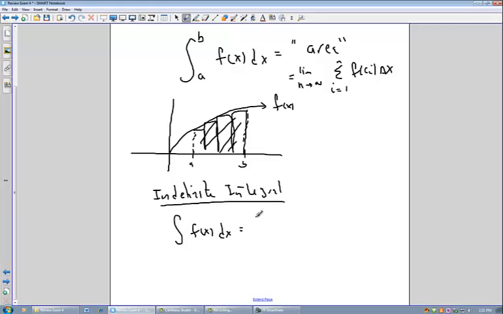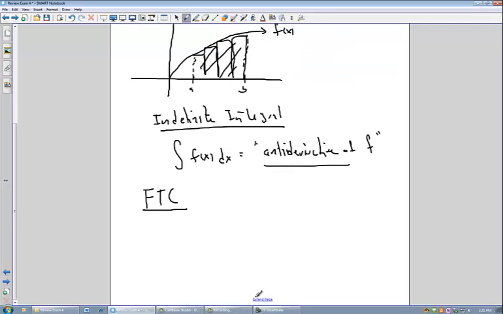And what this says is this is equal to the antiderivative of f. So it's a completely different beast altogether. This one is area. This one is antiderivative. Now the fundamental theorem of calculus, the FTC, what it does is it connects these two.